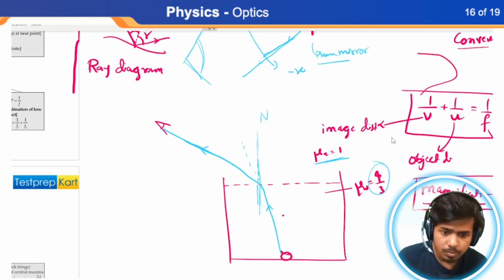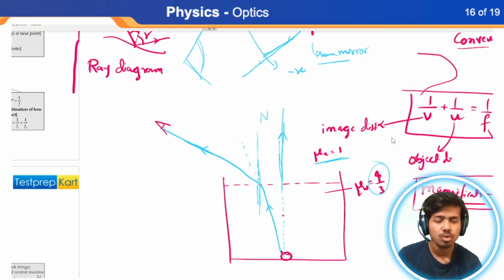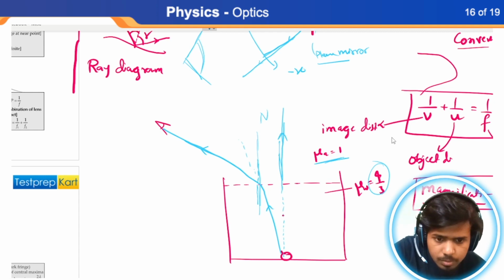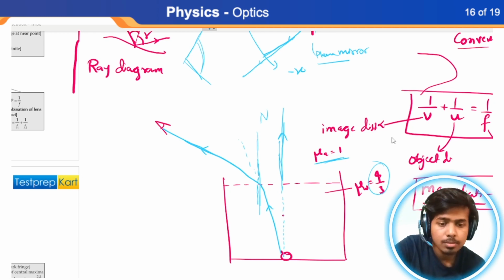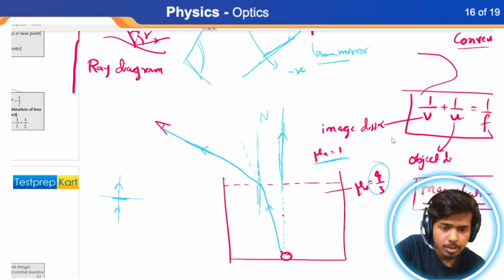And if you draw from here, if it is perpendicular, if sin i is 0, then sin r is also 0. Because if the light is going straight, perpendicular to the surface, it will come out straight, no matter what the index is.